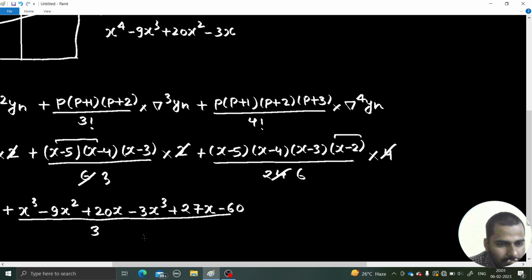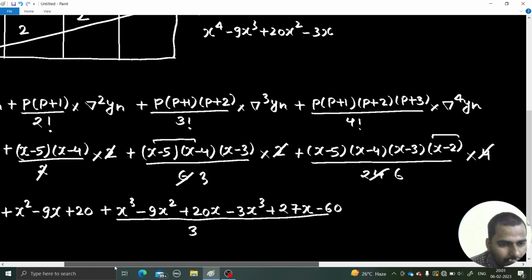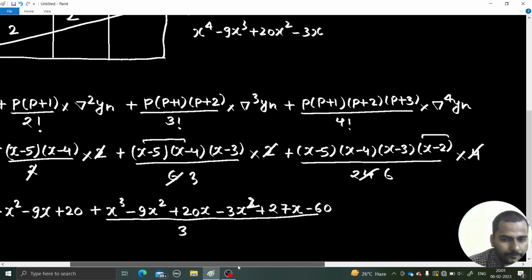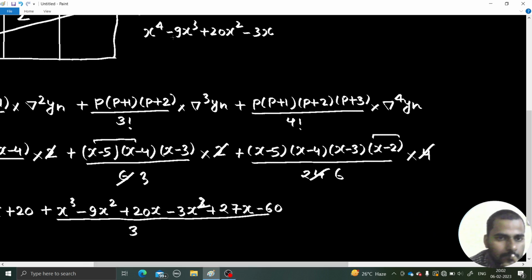This would be 3x square, I think. Yes, x square multiplied by minus 3, so this will be x square. Okay, so x power 4 minus 9x cube plus 20x square minus 3x cube plus 27x square and minus 60x.